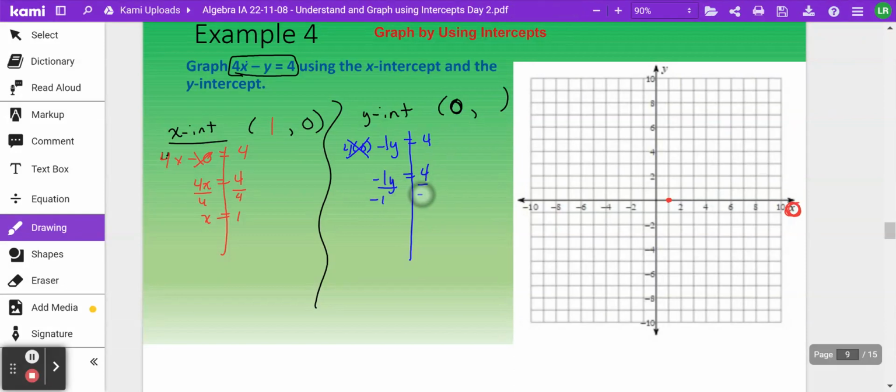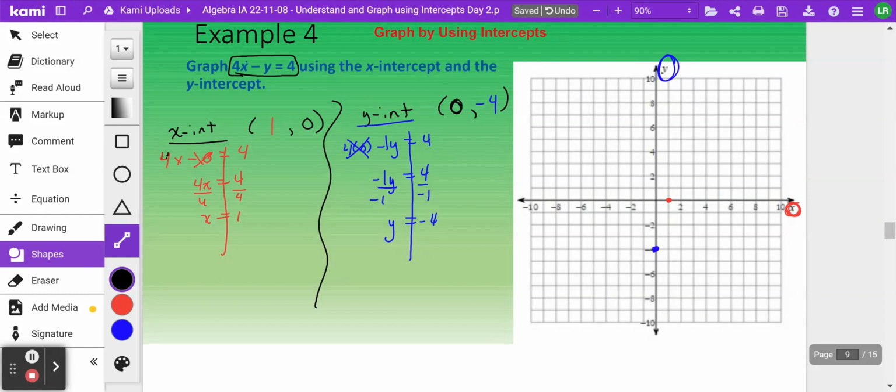Finish it. Divide by negative 1, and y is negative 4. Make sure your y-intercept is on the y-axis. There's 0, negative 4. And then we connect them. Use your straight edge of some sort, your ID, some straight edge in order to connect those points.